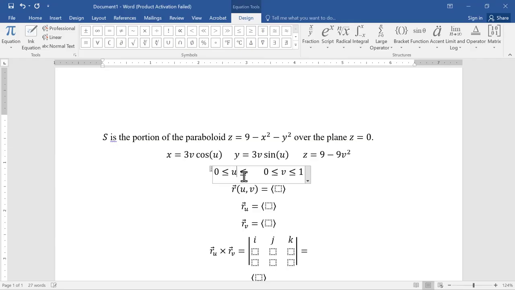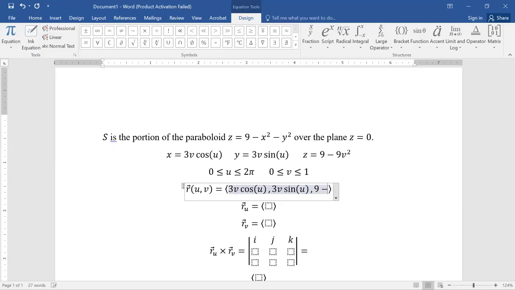And since we're going around the entire ellipse, u goes from 0 to 2 pi. So that's my parameterization: u from 0 to 2 pi, v from 0 to 1, x is 3v times cosine of u, y is 3v times sine of u, and z is 9 minus 9 times v squared.